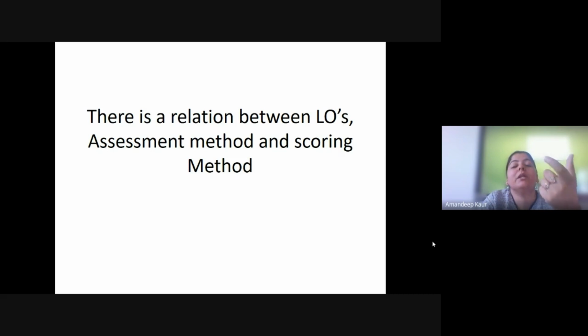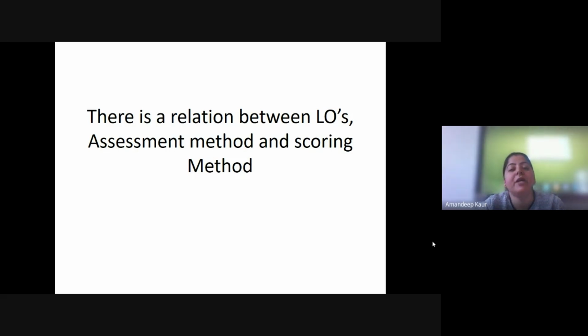boards. So as per the learning outcome or learning objective identified, the teacher is going to follow different kinds of assessment methods and assessment practices for the students, and based on those assessment methods and practices, the scoring method is defined.